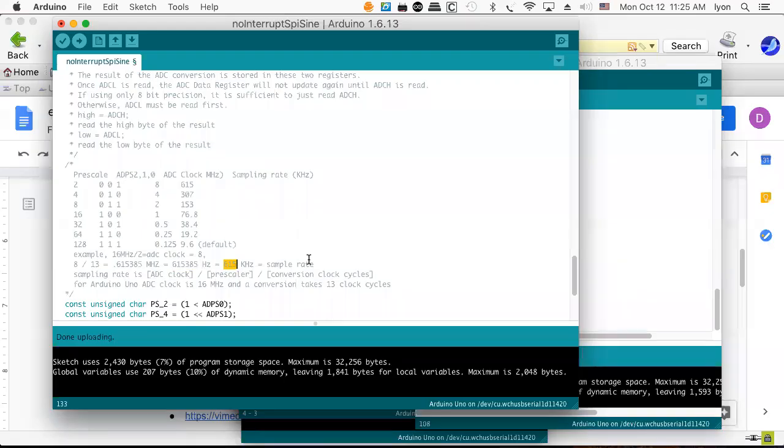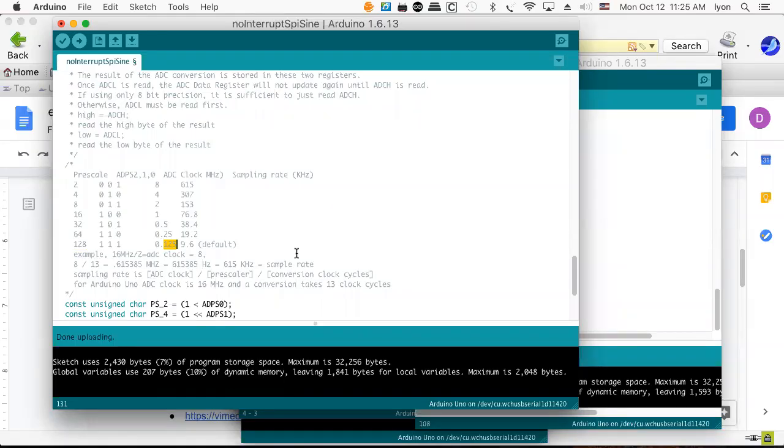I happen to think a 615 kilohertz sample rate is much, much too fast for anything I want to do with signal processing. So I'll use a prescaler of something like 128, just to slow everything down. That gives me a clock frequency for the input to the successive approximation ADC of 125 kilohertz.